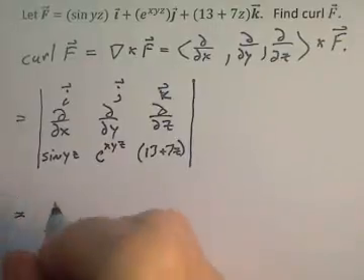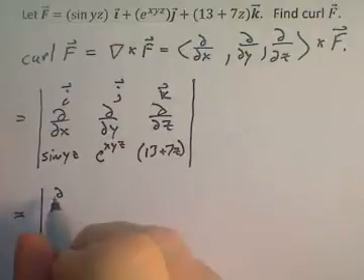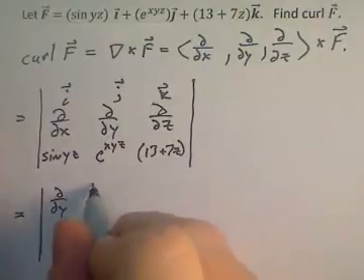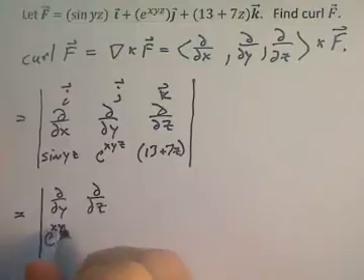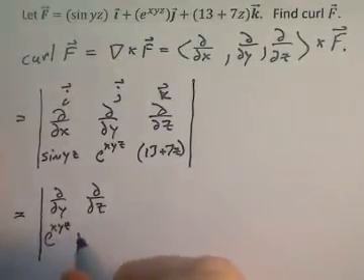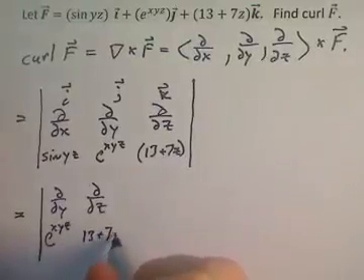So just symbolically this all works out, and I'm going to expand along this first row. So partial with respect to y, partial with respect to z, e^(xyz), and then 13 plus 7z.